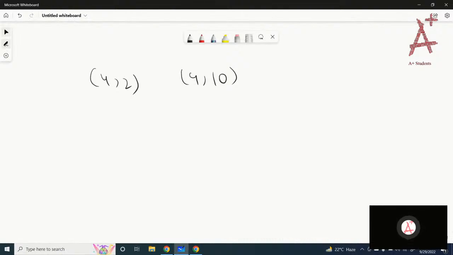So they have the same x coordinate. You just have to subtract their y coordinates. See, both of the x coordinates are 4. So just subtract 10 minus 2. 10 minus 2 is 8. So that means the distance between these two points is 8 units. Got it?